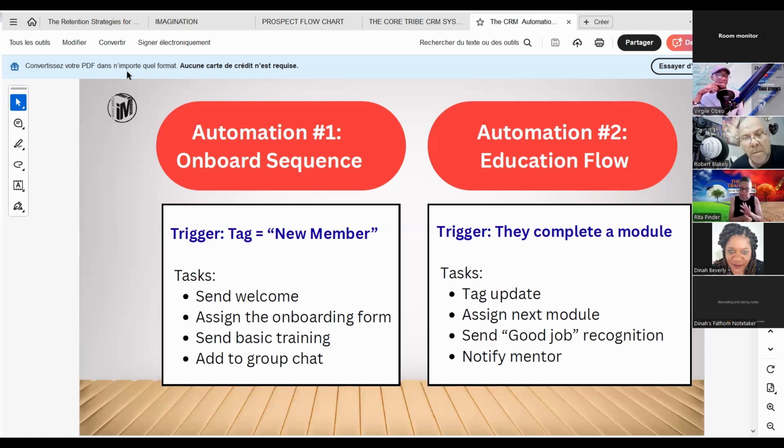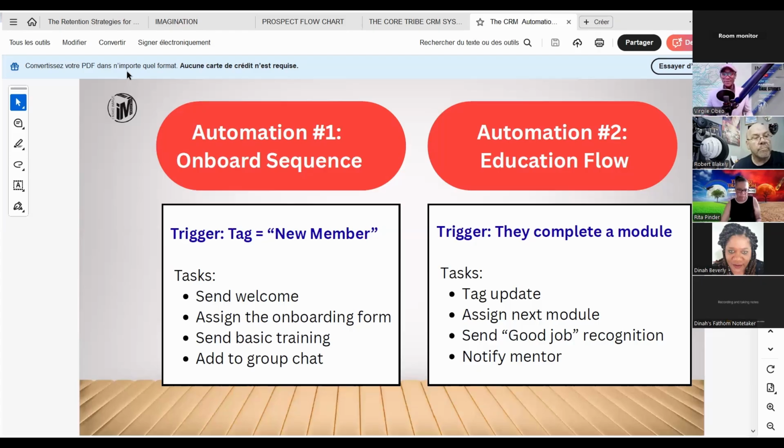Then you're done with that one until a new member comes in. Once the automation 1 people have finished that sequence, they automatically go to a different email source, which is now automation 2. Is that correct? Okay, yes.